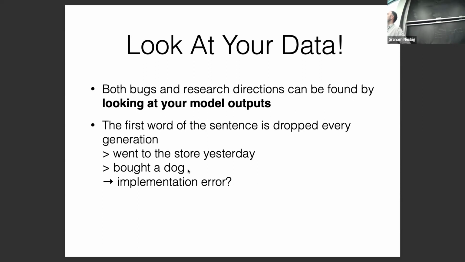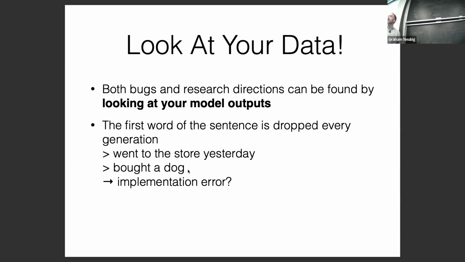What's going on? And the problem here is you're doing something like output one, and you have a slice of 1 instead of 0 here or something like this.